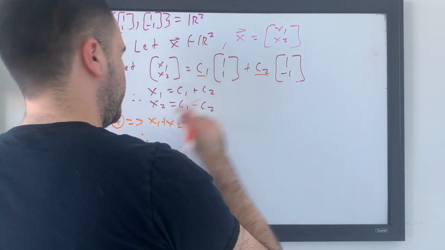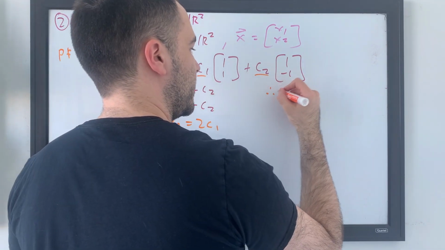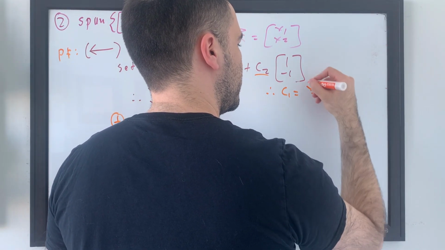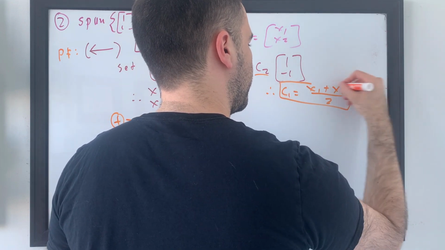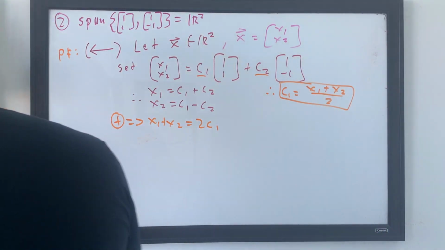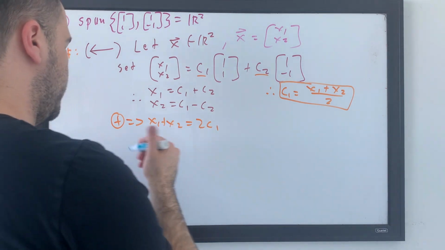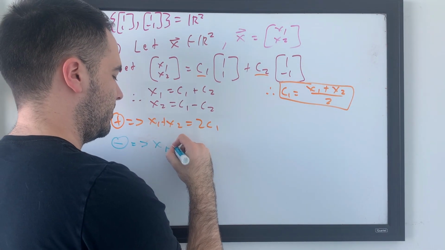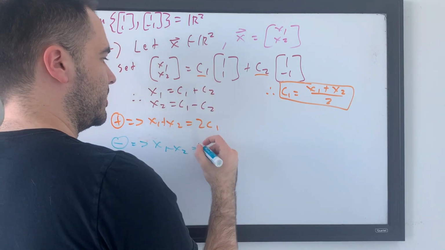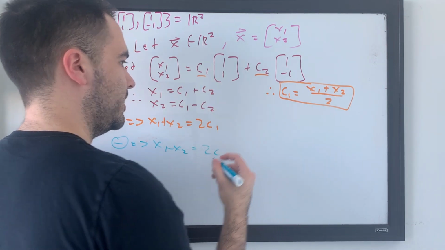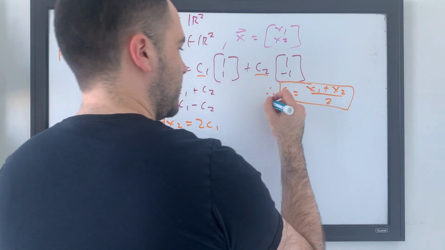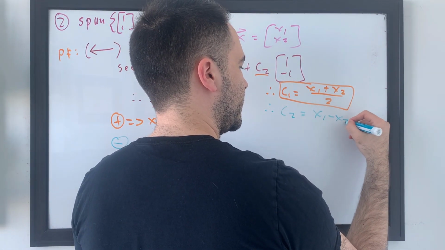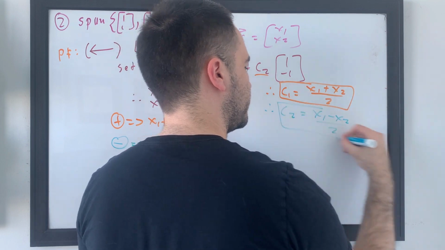Therefore, C1 is equal to (x1 plus x2) over 2. Now if we subtract the two, the C1s cancel and we get x1 minus x2 is equal to 2 times C2. So therefore, C2 is equal to (x1 minus x2) over 2.